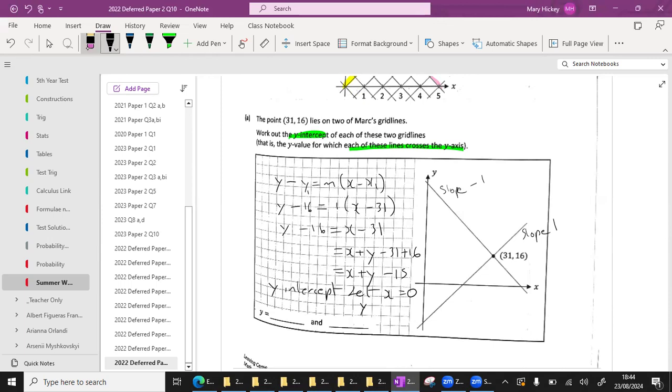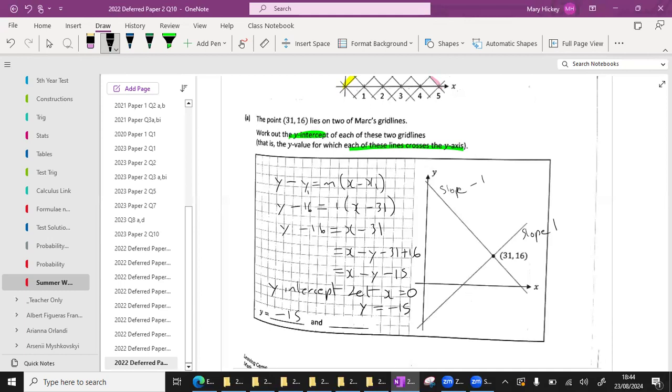Oh yeah, I can see now, sorry. When I moved y over, that's x minus y equals 31 minus 16, which is 15. So if I let x equal 0, then y is -15, that's one of the answers.